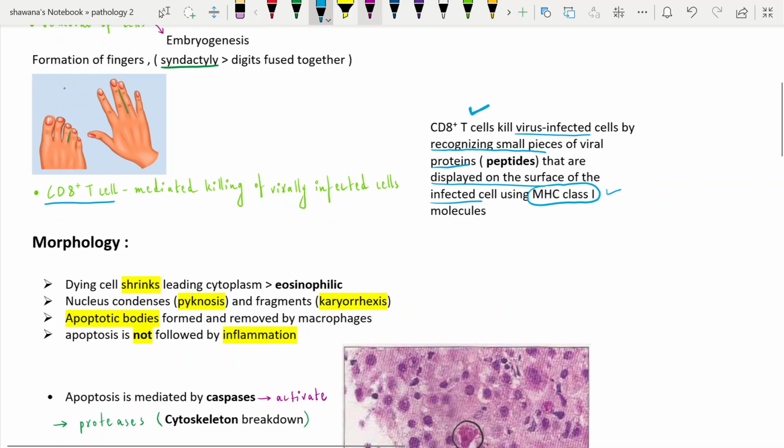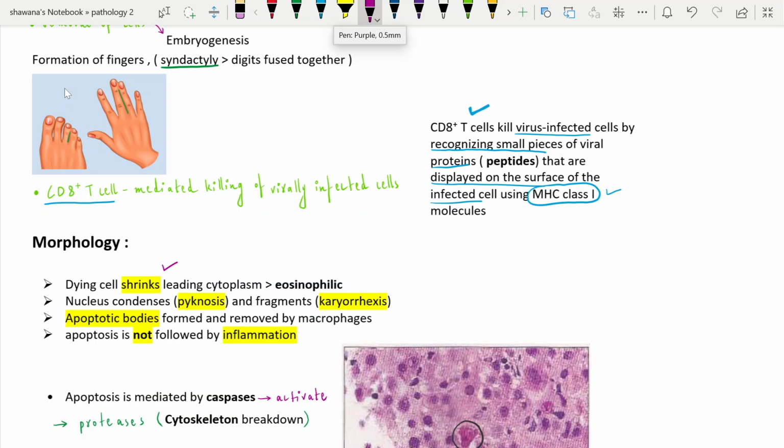Okay, what is the morphology of apoptosis? Morphology of apoptosis is different from necrosis because necrosis has various types, and according to those types there are different morphological appearances. For example, liquefactive or caseous necrosis, coagulative necrosis and gangrene, etc. But in case of apoptosis, it leads to cell shrinking.